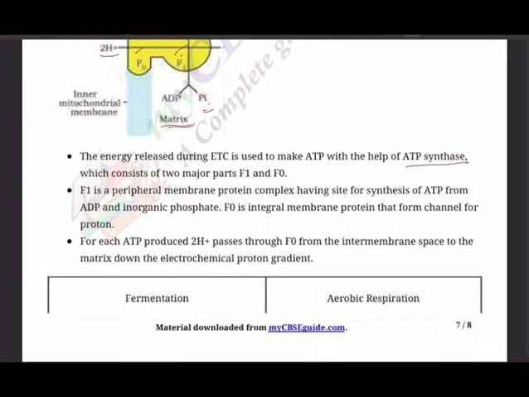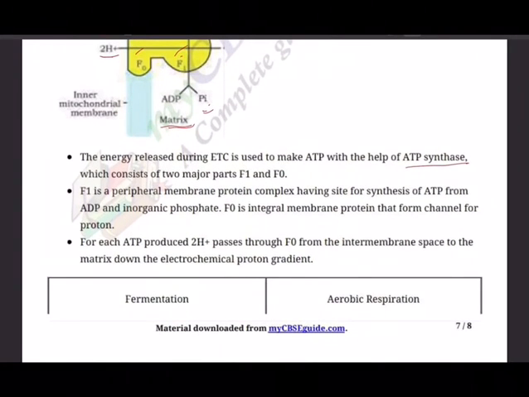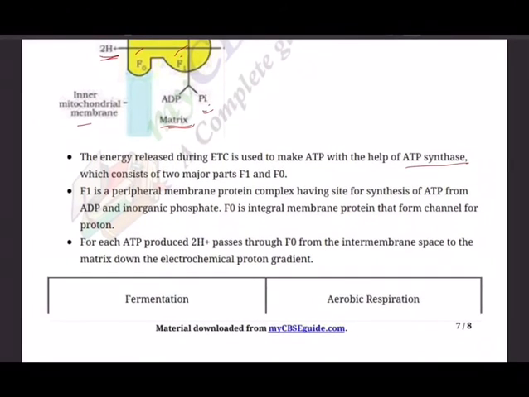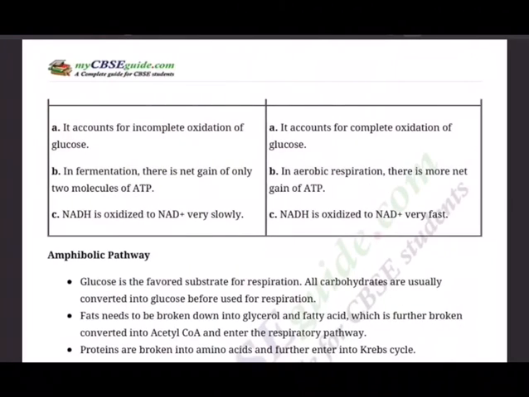F0 is the integral membrane protein that forms the channel for the protons. For each ATP produced, 2H plus passes through F0, from the intermembrane space to the matrix, down the electrochemical proton gradient. So you are seeing here the inner mitochondrial membrane.